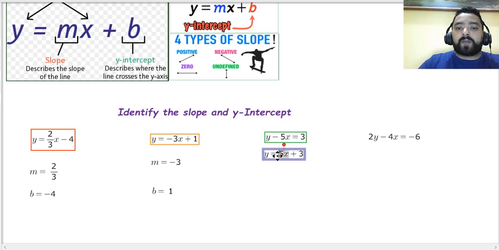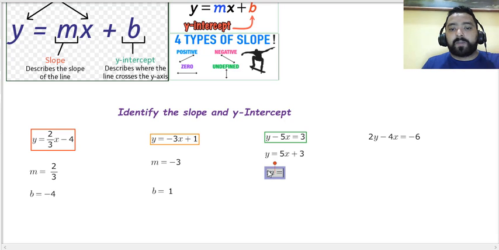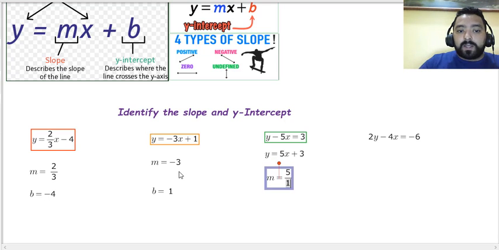Now we already have isolated this function, and we are going to identify the slope and the y-intercept. The slope in this case is going to be 5, and you can add over 1 to write it as a fraction. And in the previous one, for example, you can write it as negative 3 over 1.